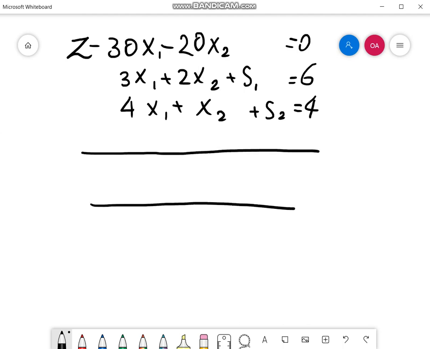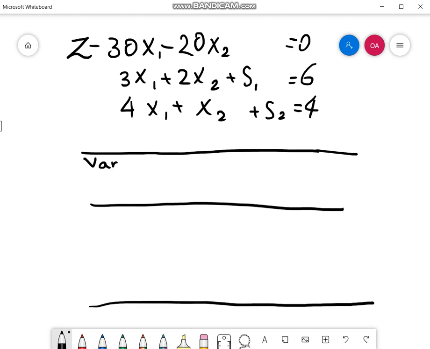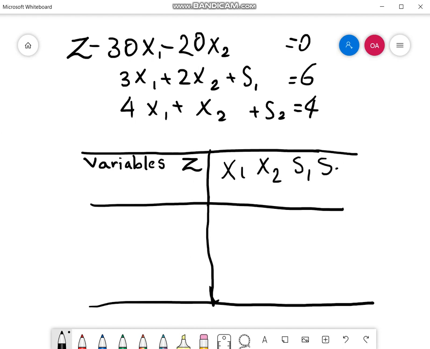I found this one to be the most convenient, so it's easy and you don't need to memorize it. So we have here the variables. We're going to start with z, then we have x1, x2, s1, s2, then the right-hand side.